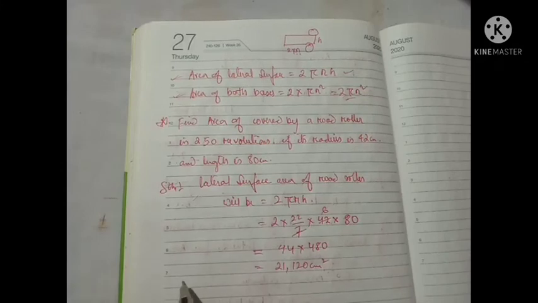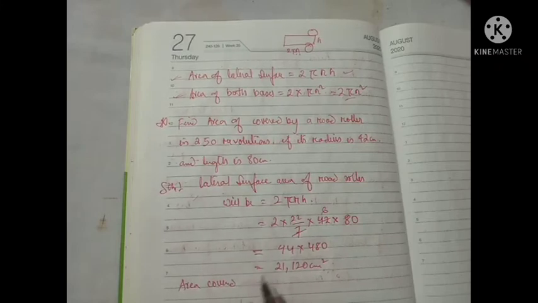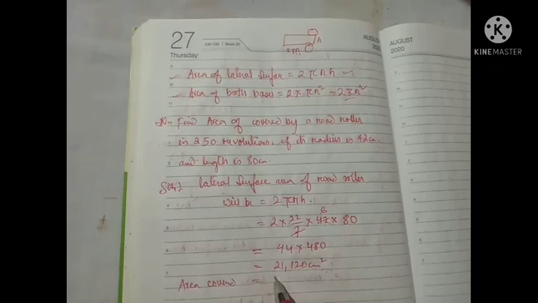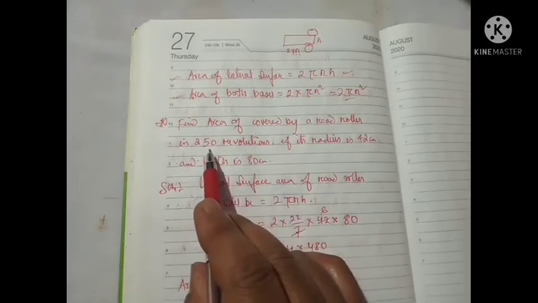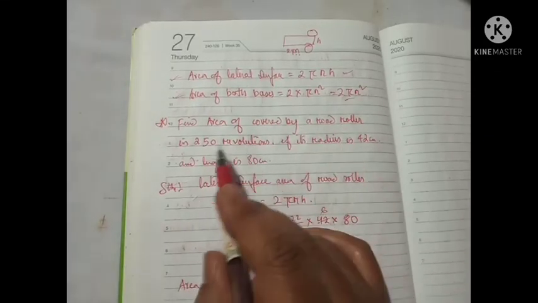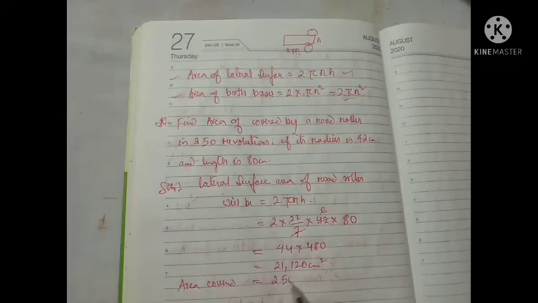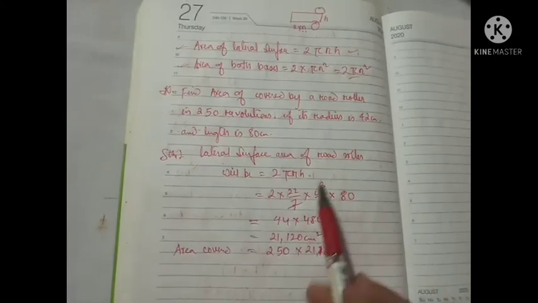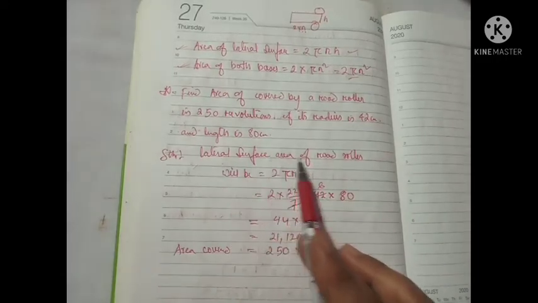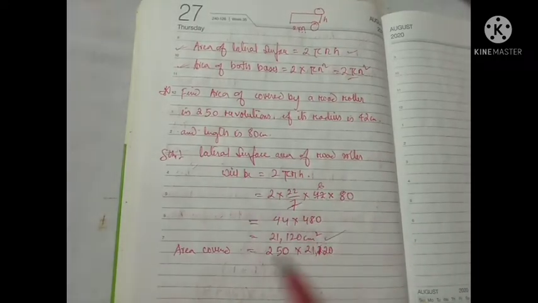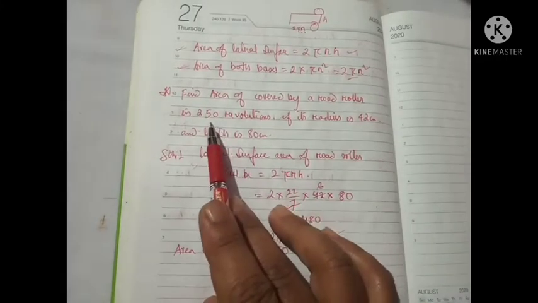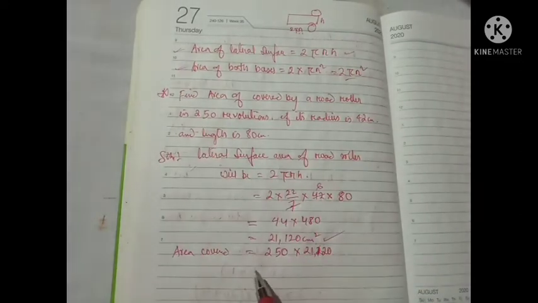So the area covered by the road roller is the lateral surface area of the road roller times the revolutions, which is 250.